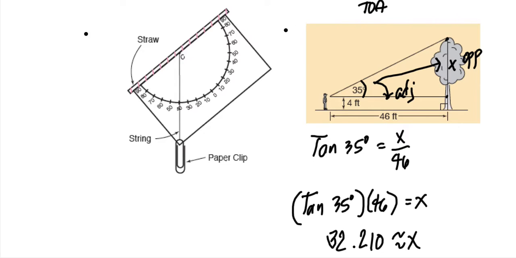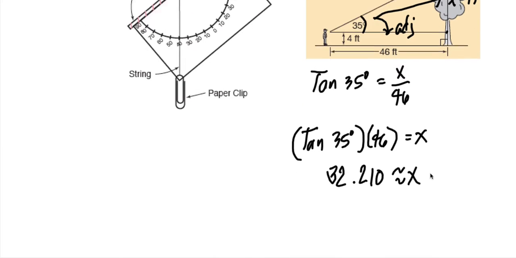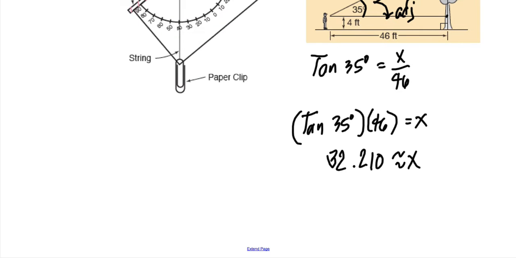So what do we do? We simply add the height from the ground, which is 4 feet.